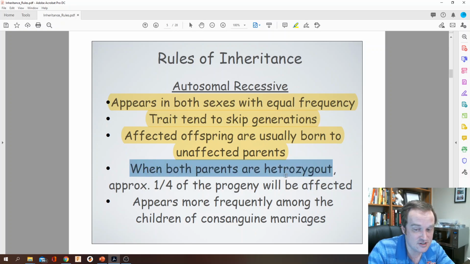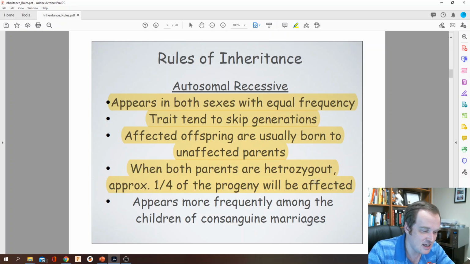And when both parents are heterozygous, 1/4 of the progeny will be affected. This is based on the single gene Punnett square that you learned, where you have 4 quadrants, right? You have a big A, then the 2 heterozygotes, and then a small a, and your chance of being small a is 1/4.